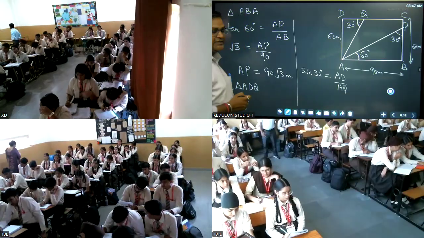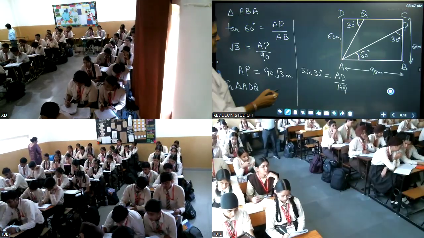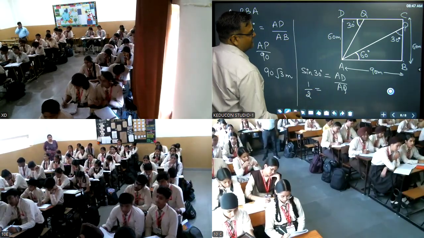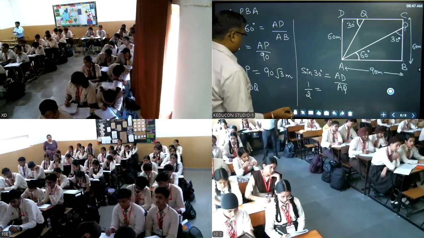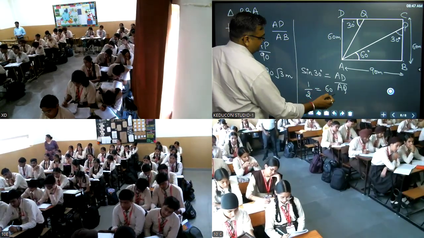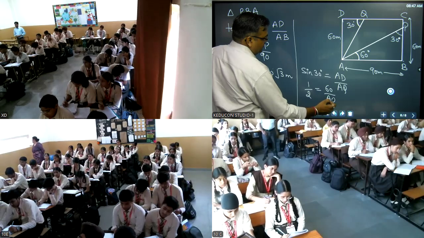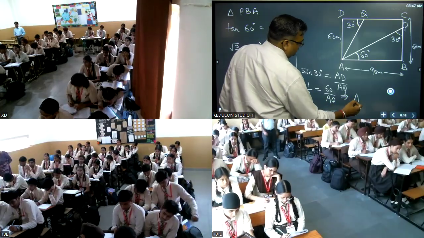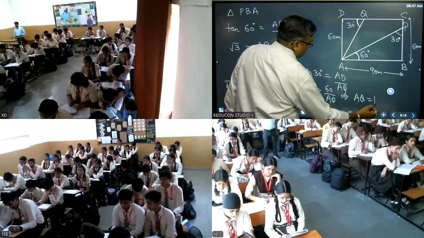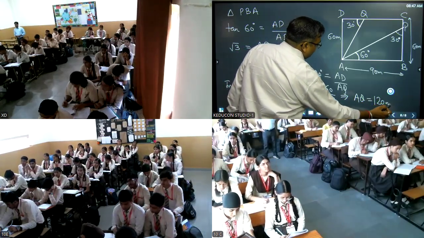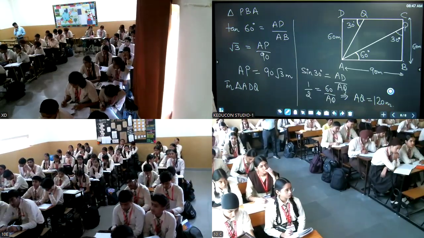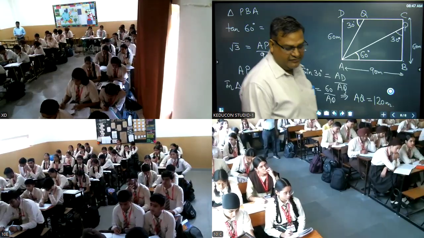What is the value of sin 30? 1 by 2. What is AD? 60 upon AQ. बच्चे क्रॉस मल्टीप्लीकेशन करेंगे तो AQ will be equal to 120. So our answer will be AP plus AQ. Just add these two. 90 plus 120.